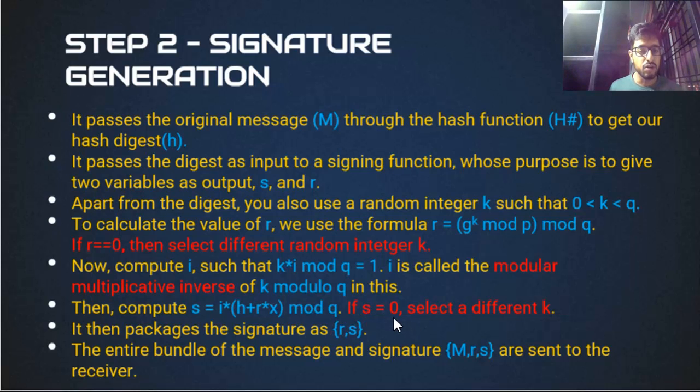If S is equal to 0, we select a different integer k. It then packages the signature as R and S. The entire bundle of the message and signature consists of the original message M and the two variables generated by the signing function, which are R and S. This bundle is sent to the receiver.